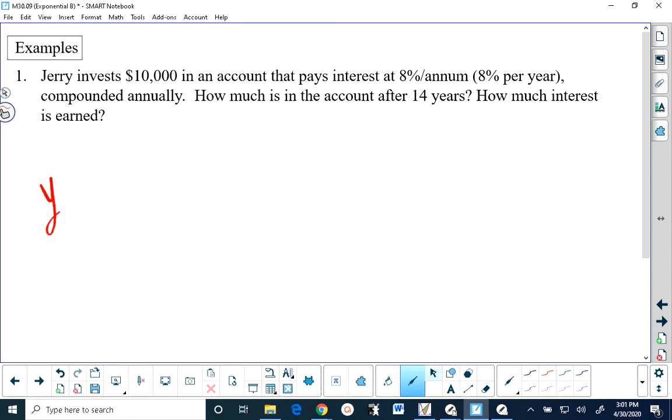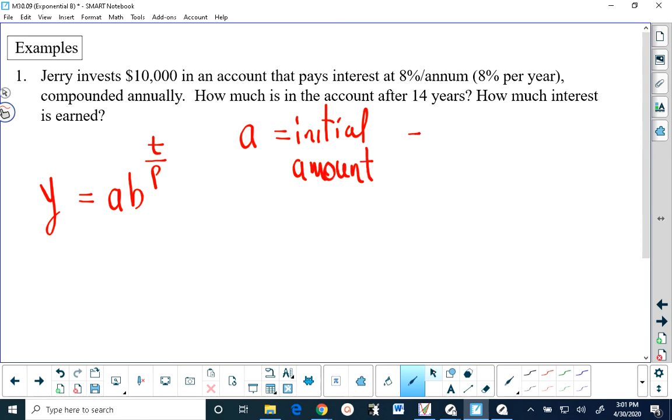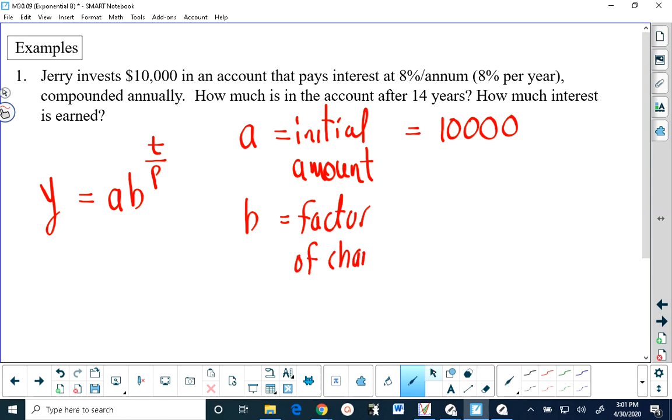We are still going to be using the formula that we learned about on Wednesday, which is y, the thing that is growing or declining, equals a multiplied by b to the t over p, where a is the initial amount, and in this particular question, the initial amount of money that Jerry has in the account is $10,000. B is the factor of change, and it's this number that Jerry's money gets multiplied by regularly.